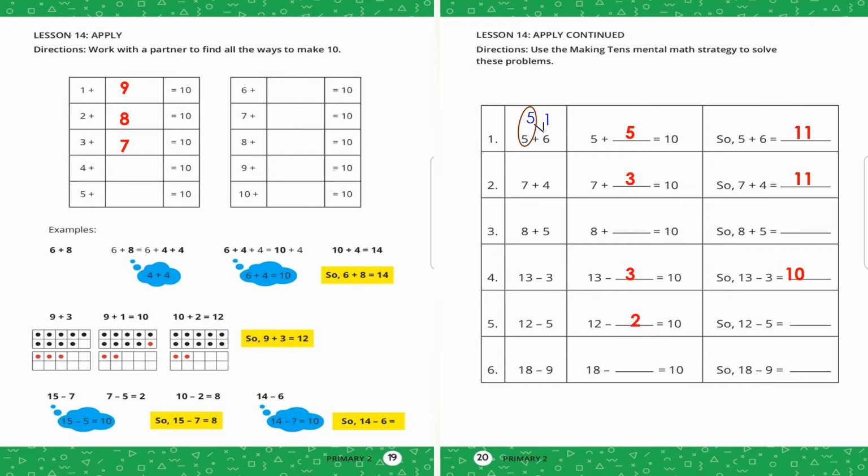Okay? And 12 will go to 5 and take 2 from it. So 5 could be 2 and 3. Okay? 12 minus 2 equals 10. Here we have 3 remainder. Okay? So 10 minus 3 equals 7.